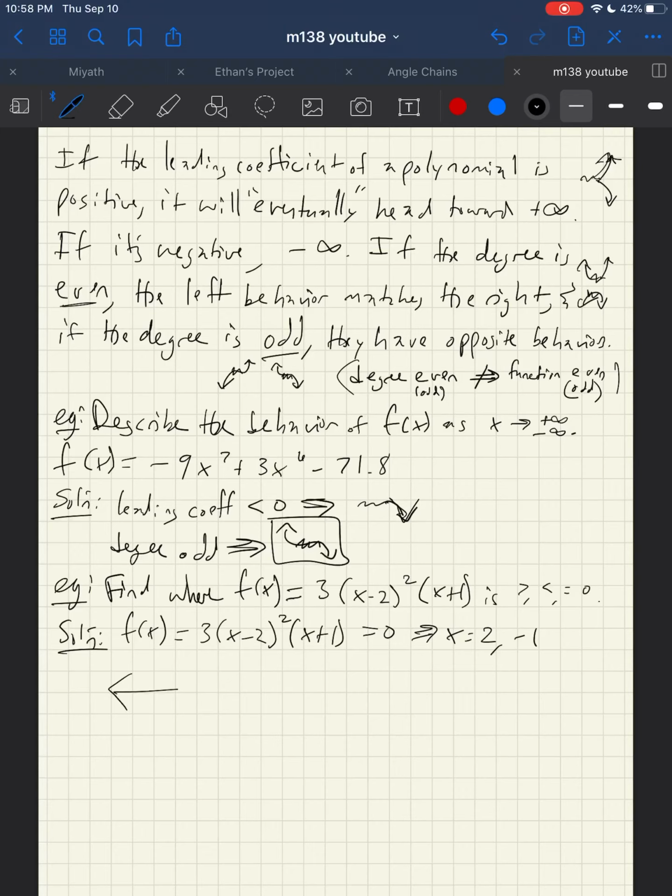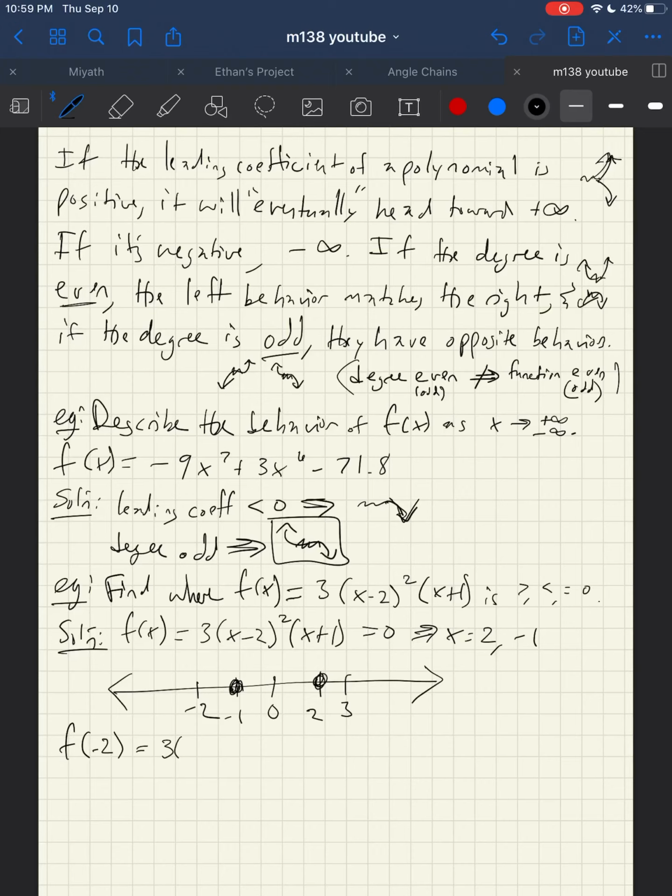So now we can do the test points thing like we did before. So let's draw a real number line out. We've got 0 here, we've got 2, and we've got negative 1. So now let's pick test points outside of these ranges. We've got 0 in between negative 1 and positive 2, but now let's say negative 2 and positive 3. And we'll plug these into f.